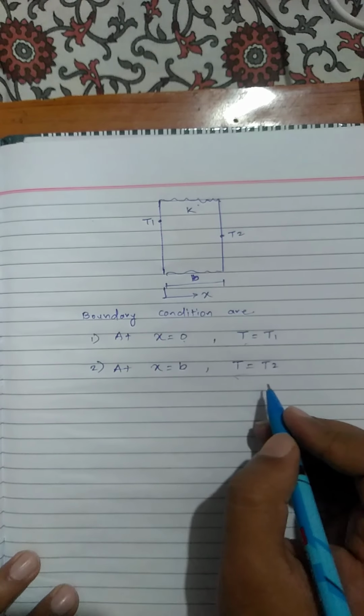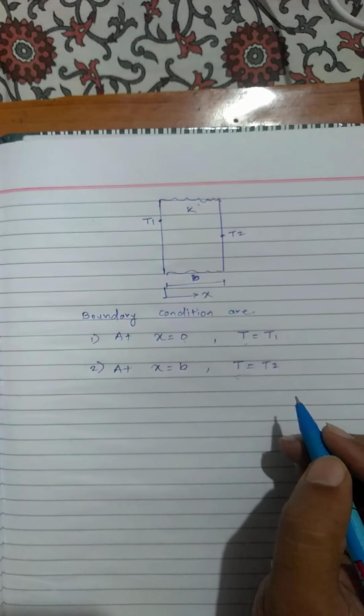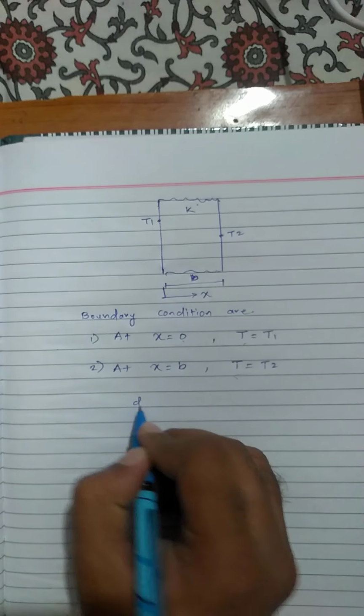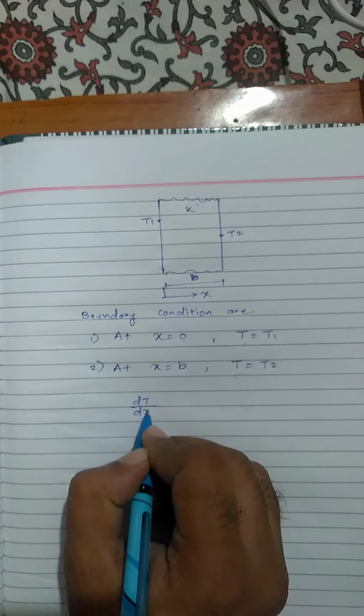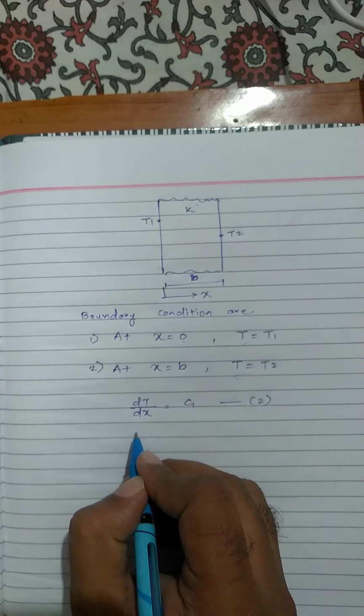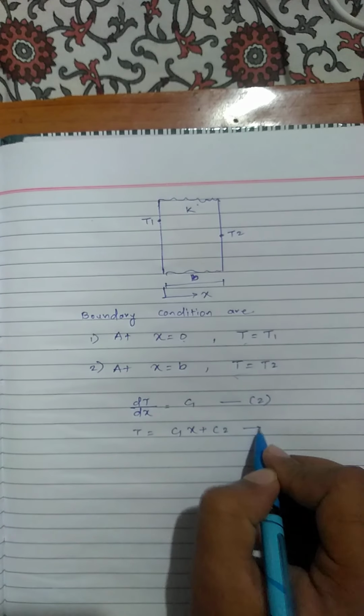So we are going to apply these boundary conditions to equation 2 and equation 3. Let me write equation 2 and equation 3 again. dT by dx equal to C1 was equation 2, and T equal to C1x plus C2 was equation number 3.